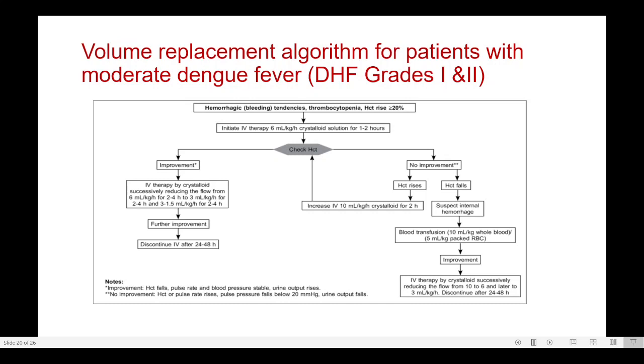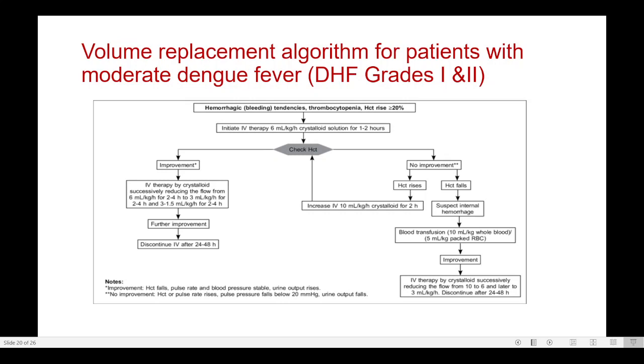If the hematocrit falls, then we suspect internal hemorrhage may be there, so we start blood transfusion, 10 cc per kg whole blood, or if fluid overload is already present, then we start with packed RBC, 5 cc per kg, but fresh blood transfusion is always preferred. And if improvement has now occurred, IV therapy by maintenance crystalloid fluid, successively reducing and then discontinue.